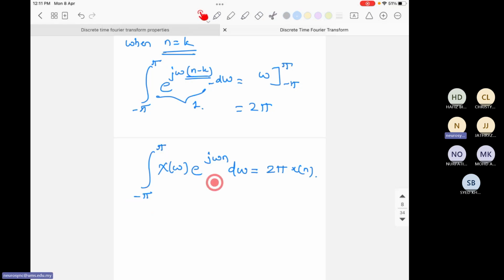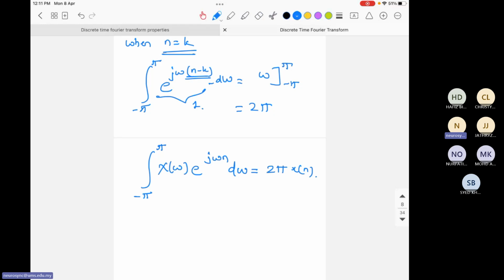This is the unit factor which we need to add, that is the projection. So this is basically the projection of x of n over X of omega. Now this 2 pi, how did we get it? If I take n equal to k, in that case I will get 2 pi. Therefore, I am getting the 2 pi factor here.